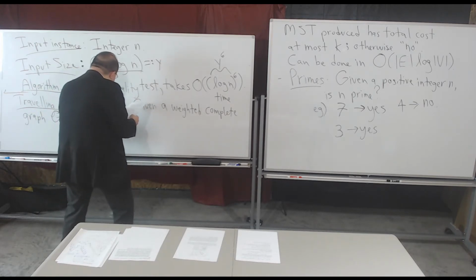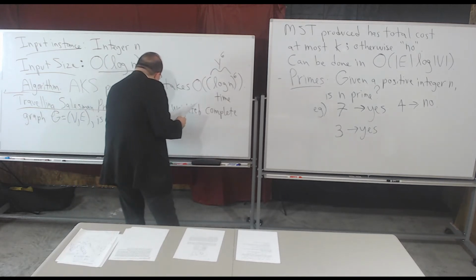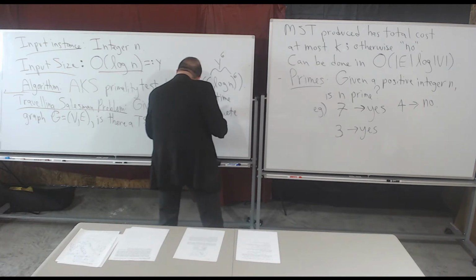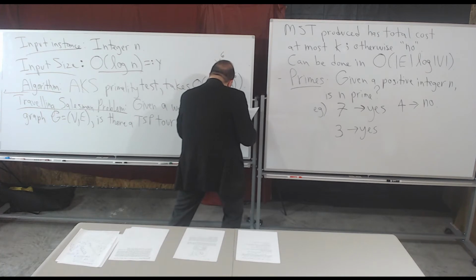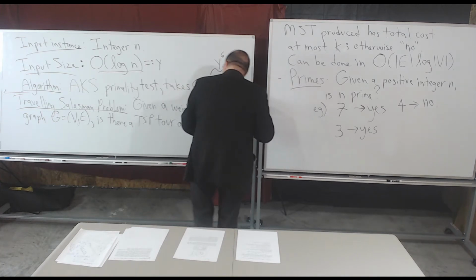Is there a TSP tour of cost at most K? So you might know of this problem.